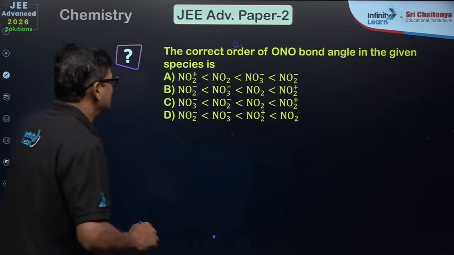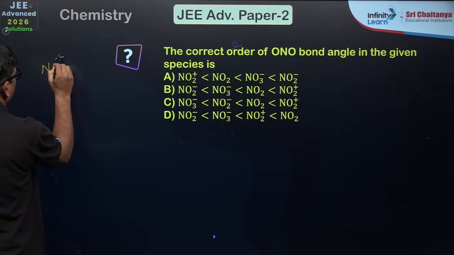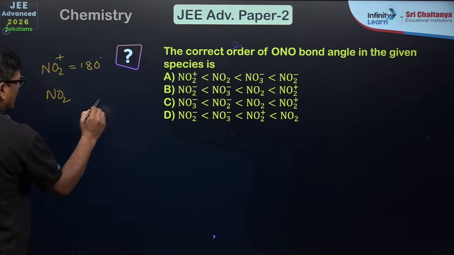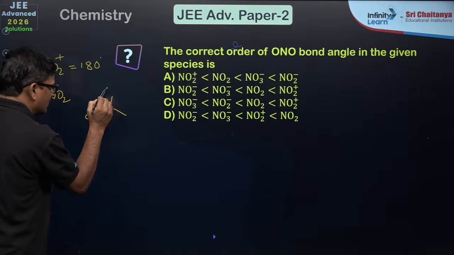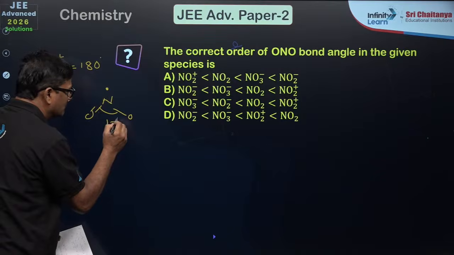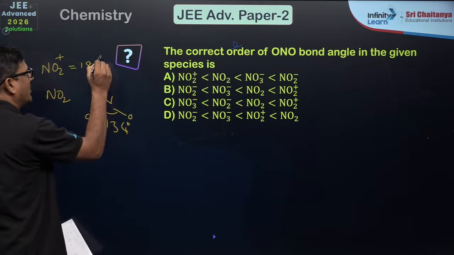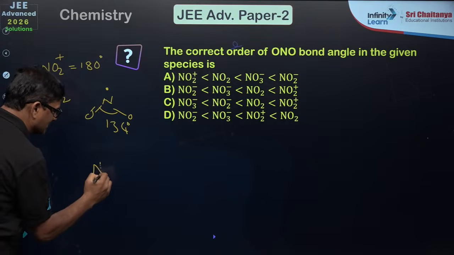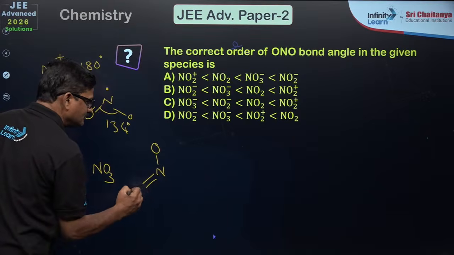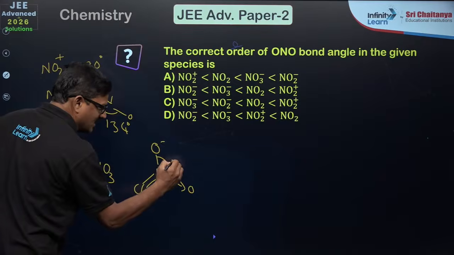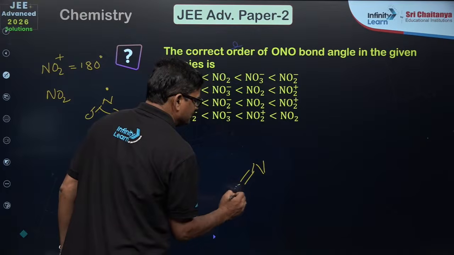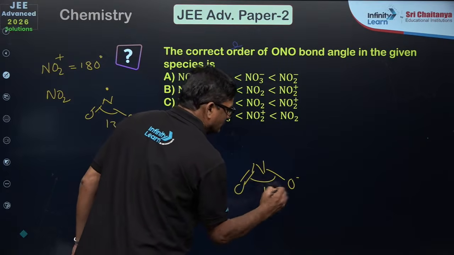You can directly take it that NO2 plus is going to be 180, and NO2 is an odd electron species. You are going to get the bond angle nearly 134 degrees, here 180 degrees, and NO3 minus is going to be exactly 120, and NO2 minus is coming to be 115.